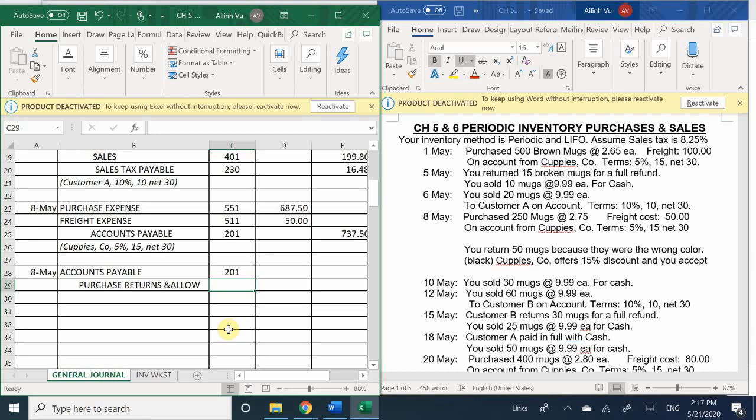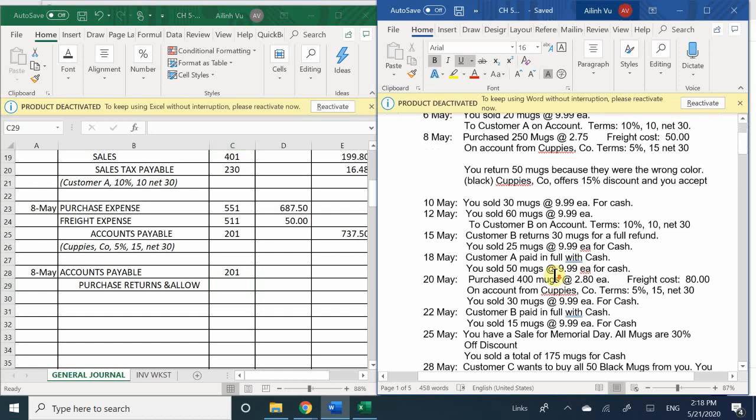Yes, it's an allowance account, not a discount, because they didn't originally offer this discount. This is us trying to return it, but they're saying, how about we give you a discount on top of that? So you still end up purchasing the items, but they're giving you an allowance. That makes a difference.